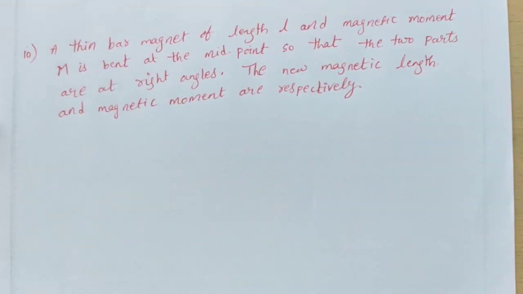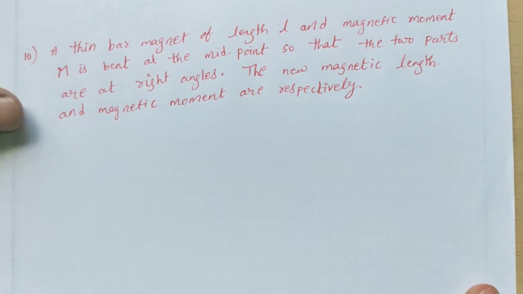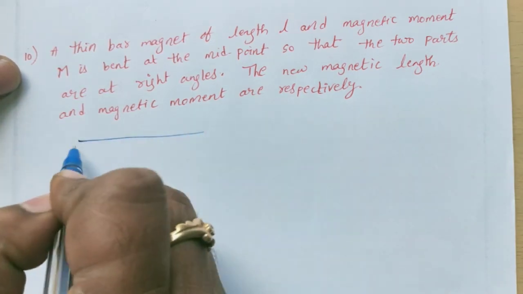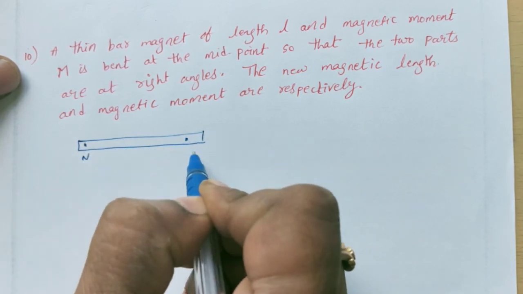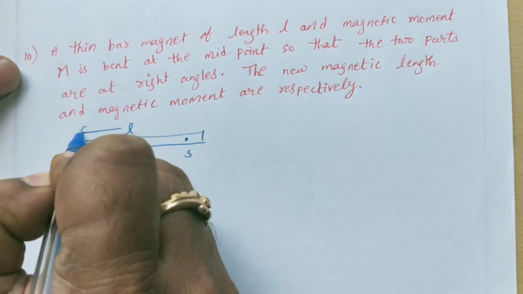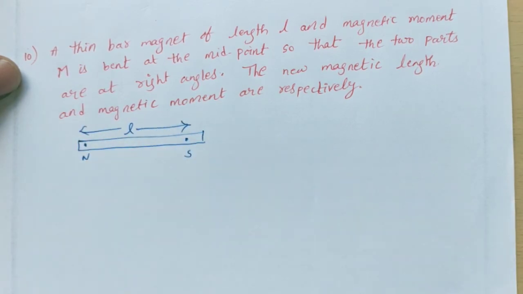Okay students, one more problem now. A thin bar magnet of length L, let this be the bar magnet given, with the north pole here and the south pole here. Only length L is given, not 2L.